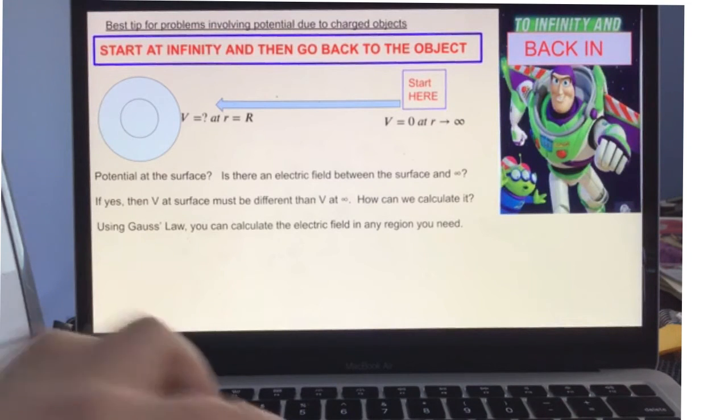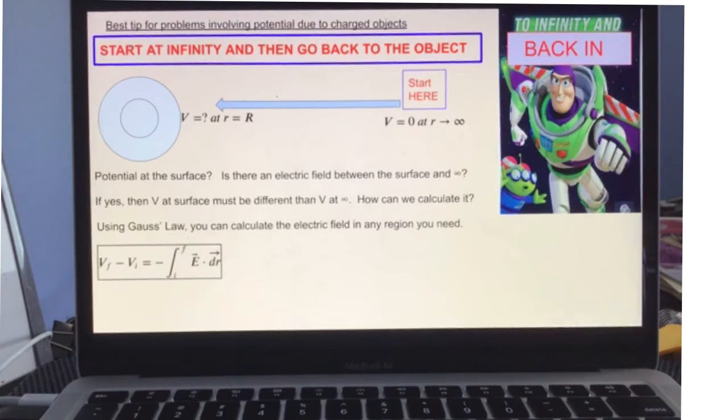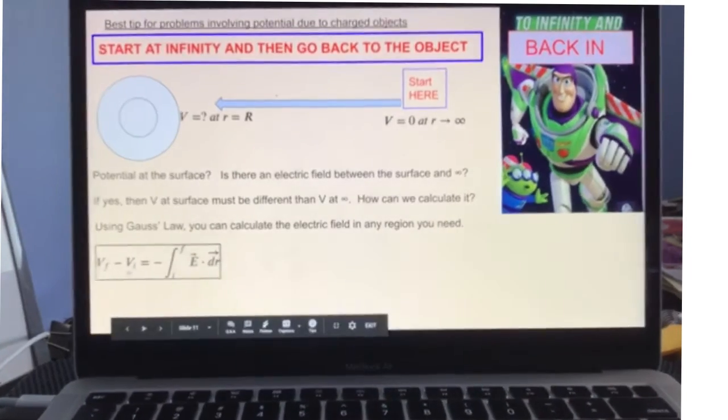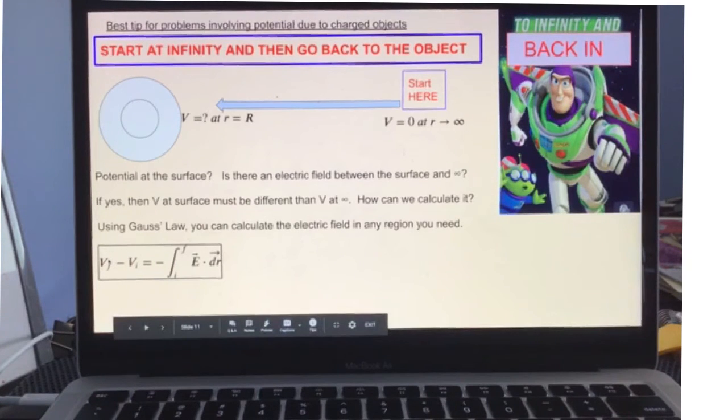You're going to use that electric field now to calculate the potential at different places using this equation. Remember, this is just that relationship between potential and electric field. And again, you want to think, I start at an initial point, I go to a final point, and I'm looking at the electric field in that region between the initial and final.